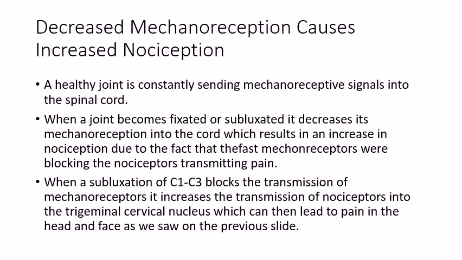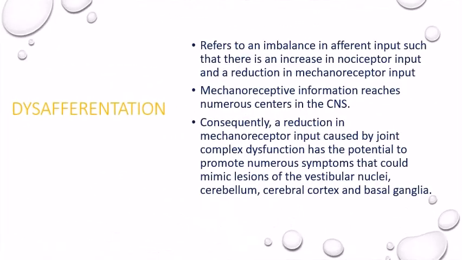So therefore, a subluxation of C1, C2, or C3 can lead to pain in the head and face due to the sensory input from the trigeminal nerve, as we saw on the previous slide. So as you can see, mechanoreceptor input is of vital importance to modulating pain.